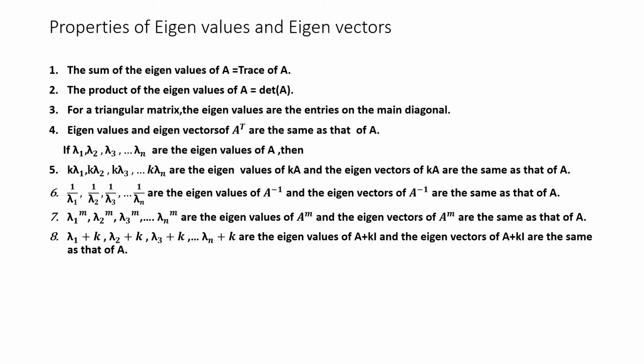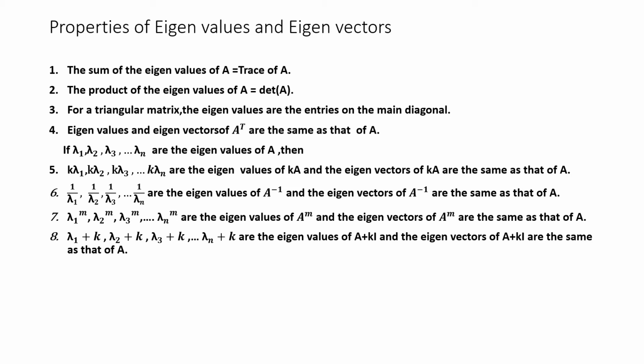In a triangular matrix, all the elements below the main diagonal or above the main diagonal will be zeros. In that case, the eigenvalues are the entries on the main diagonal itself.